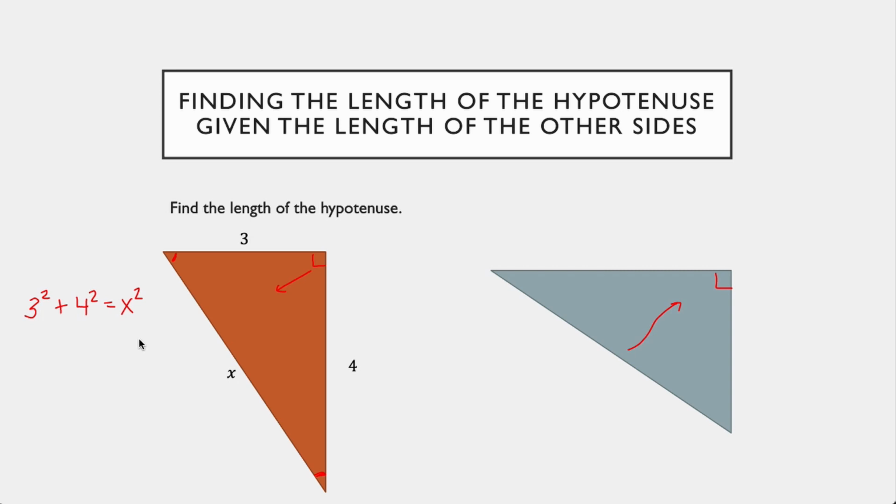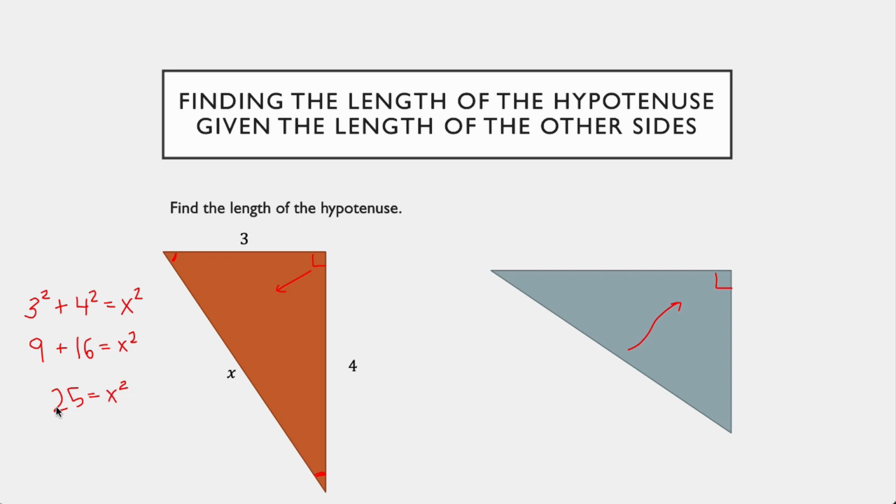Now let's simplify and solve for x. Or, yeah, it would be solve for c, but since the variable is x, we're solving for x. So 3 squared is equal to 9, plus 4 squared is equal to 16, is equal to x squared. Okay, 9 plus 16 is equal to 25, that's equal to x squared.